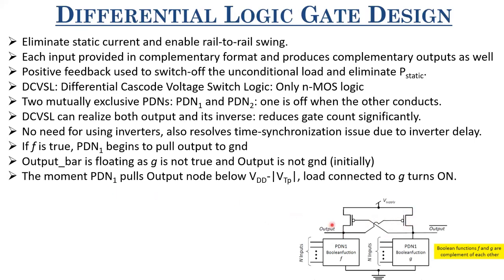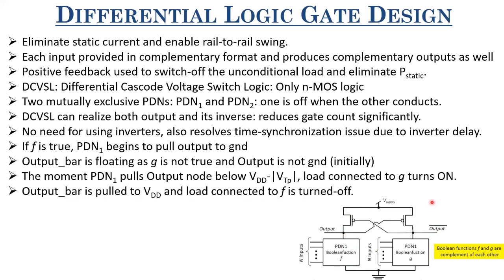So the moment this PDN1 pulls this output to VDD minus VTP, this MOSFET turns on, and as a result, this output bar is charged to VDD. So the output bar, if that is charged to VDD, it is connected to this pull-up network here, right? So what happens? This pull-up network is turned off. So this will be charged to ground, and this will be charged to VDD, right? And you will realize full swing.